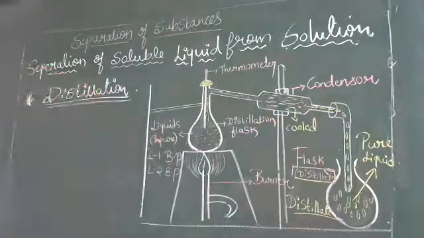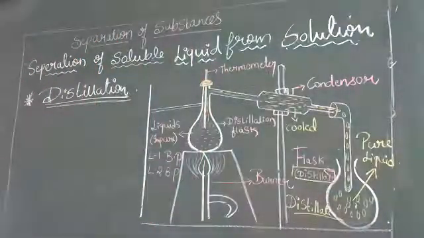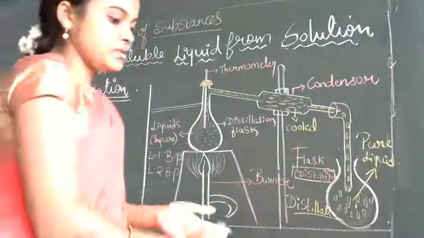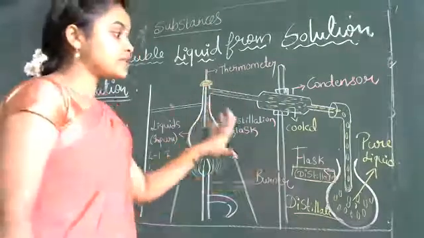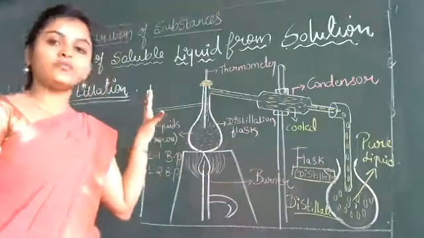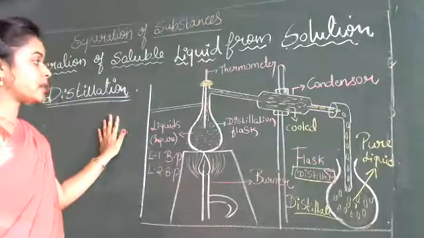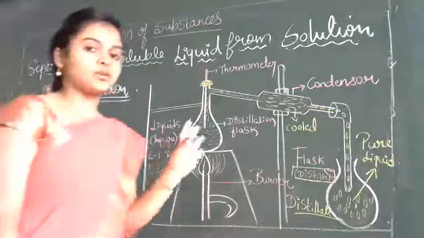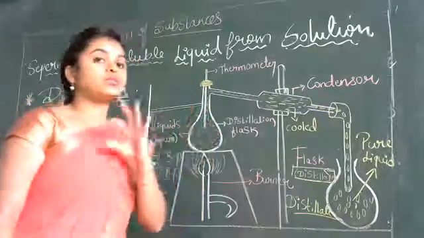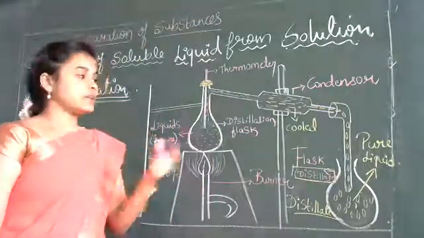Anybody having doubt in this process? No, ma'am. You all understood? So the distillation process is a method of obtaining pure liquid from a solution. A solution is a mixture of two or more liquids.